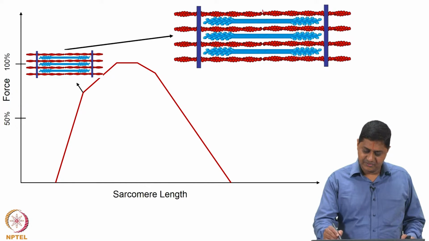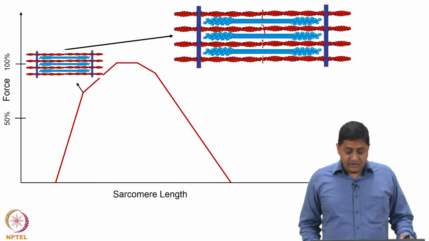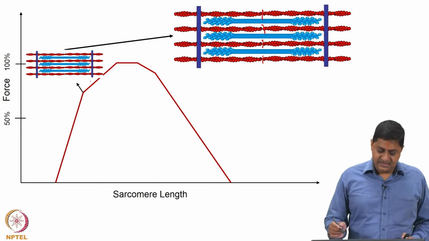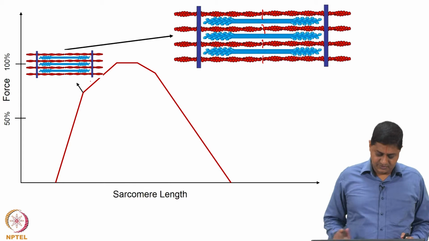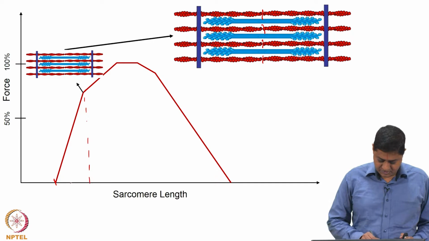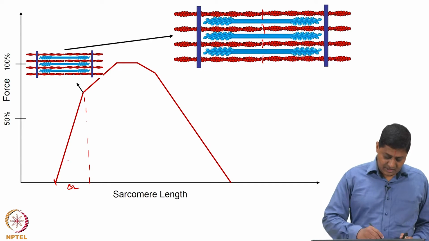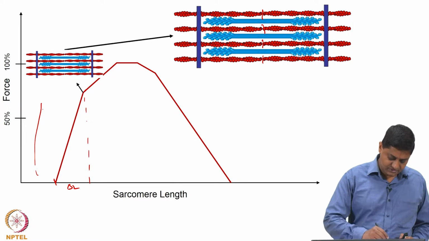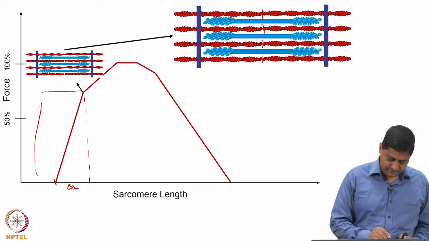Here is the tip of the actin filaments. Now, around here the force increases as the length increases. So, the length has increased from that point to that point. That is the change in length, whereas the change in force is that much.